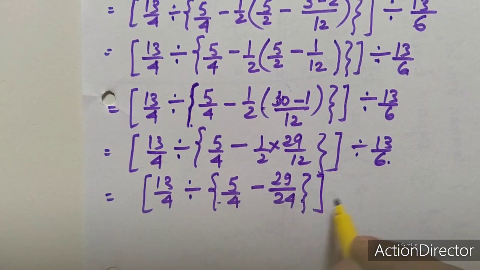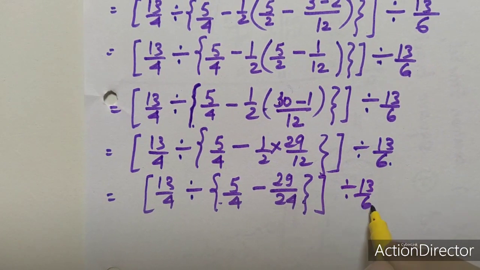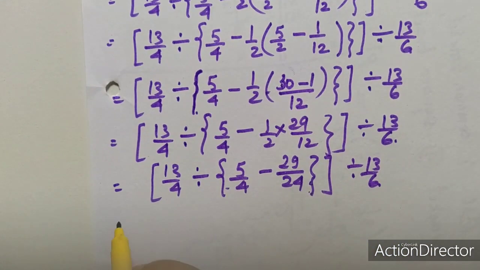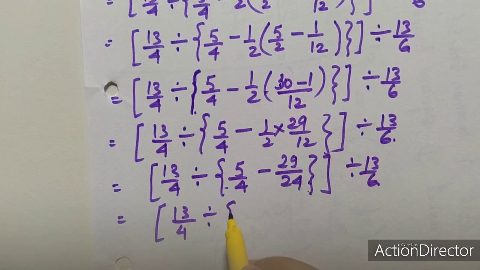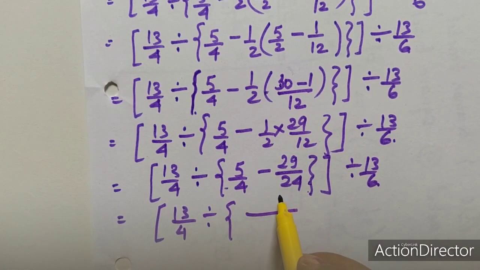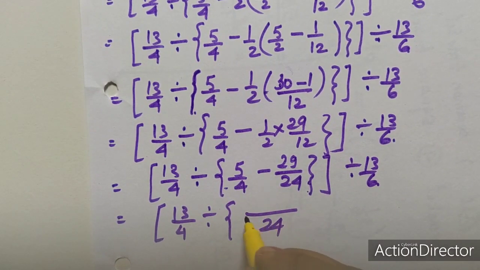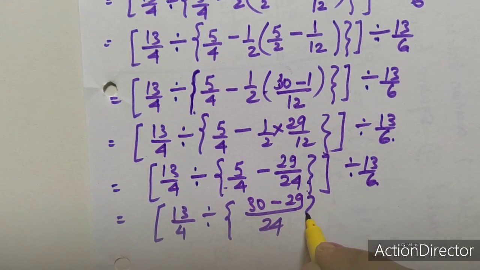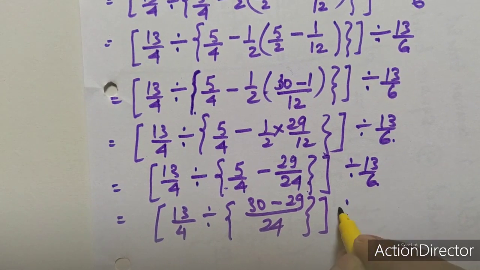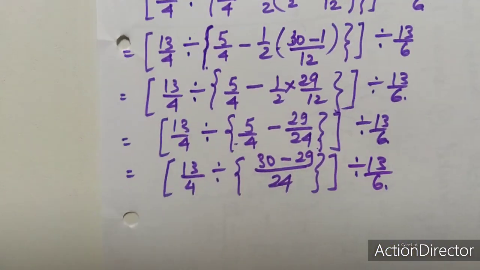Now we are going to simplify the curly bracket. In the curly bracket again two numbers are there. So take the LCM and simplify further. It is 13 by 4 divided by 4 and 24. LCM is 24. So 4 6s and 6 5s are 30 minus 29 as it is, curly bracket, square bracket, divided by 13 by 6.